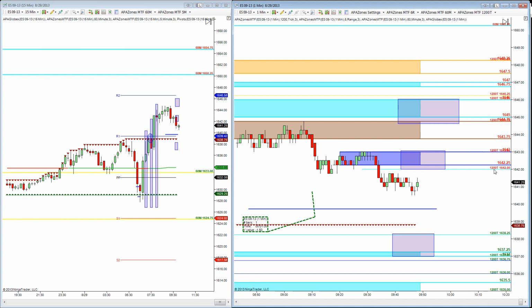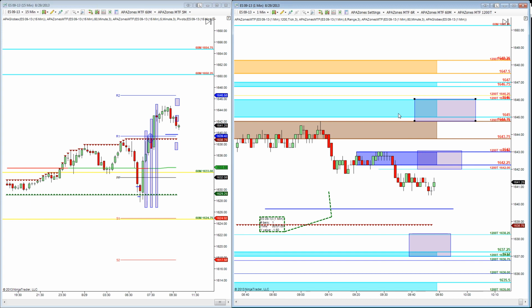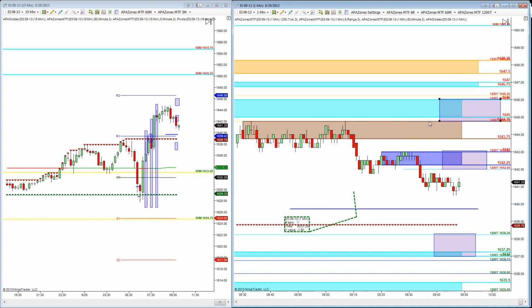And all I do is look at the 1200T, and look for the next 1200T in red, and that's how I'm defining these zones. If we look at where price actually bounced off that 1200 tick zone, it just barely touched the high of the day so far, just barely touched that 1200 tick, and is coming down off of it.